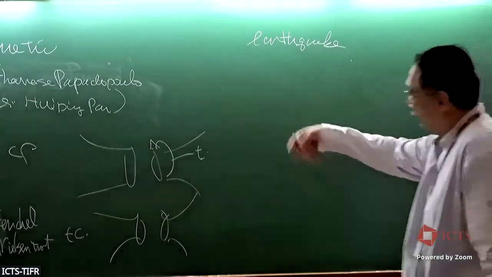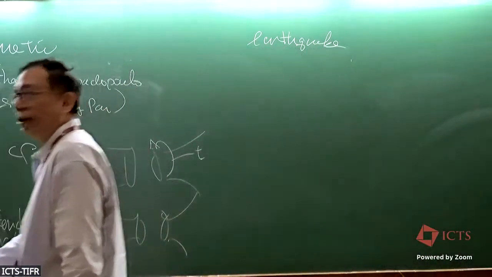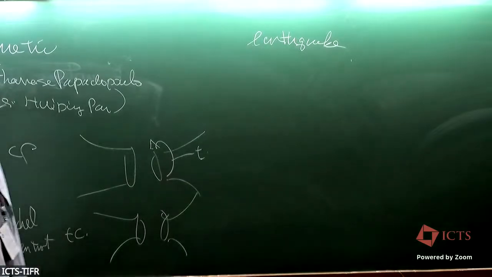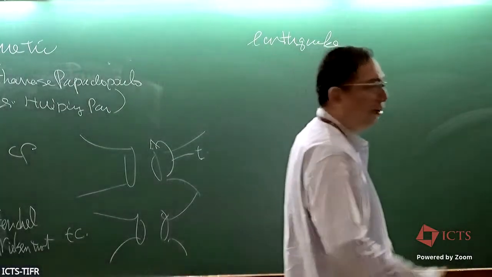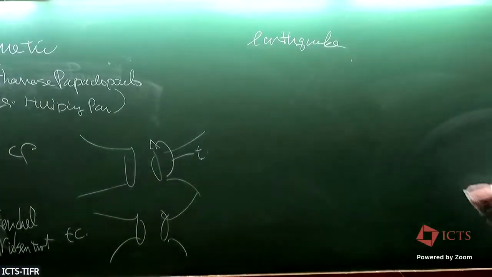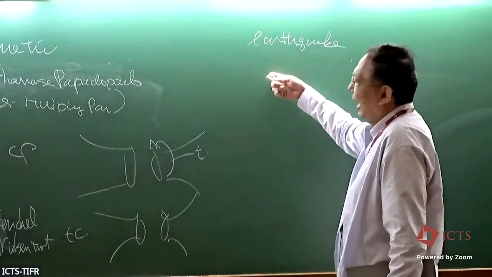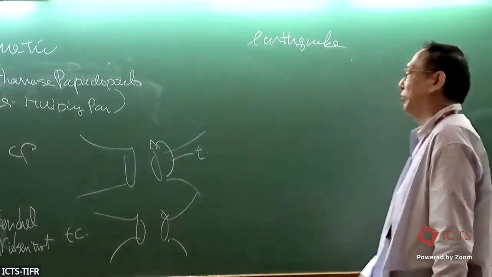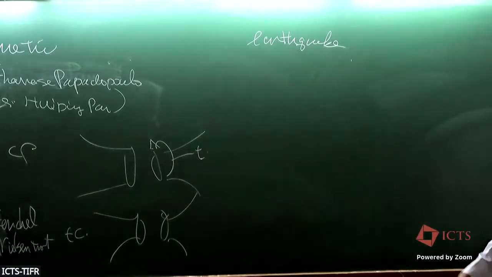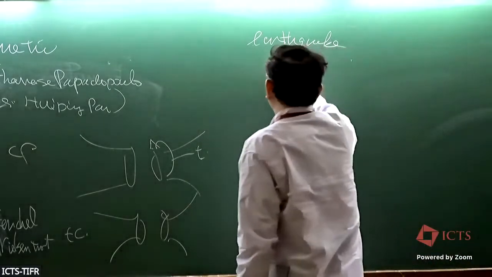So here the twisting was done along a simple closed geodesic. But for the earthquake, it's along something more general. It's a measured lamination. So this is something analogous to the Fenchel-Nielsen twist, but the locus of the twisting is a measured lamination.